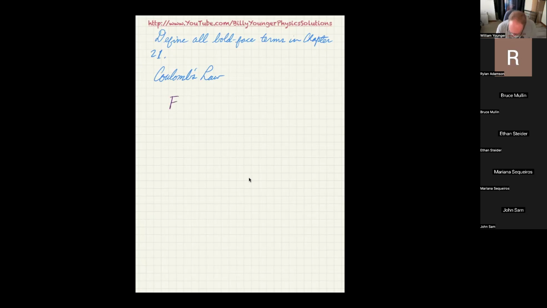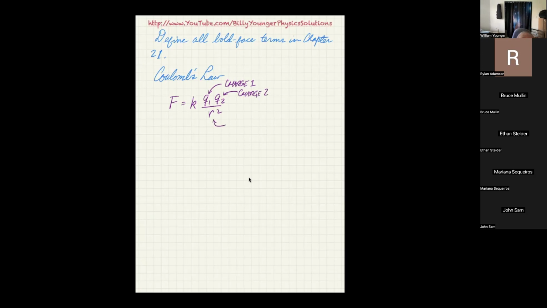I'm going to say it's like this. The force is equal to some constant times Q1 times Q2, where Q1 and Q2 are the symbols that we use for the two charges, divided by R squared. This is charge 1. This is charge 2.